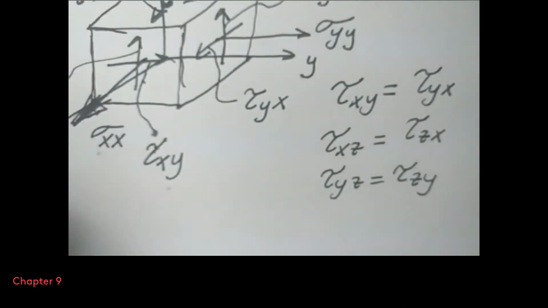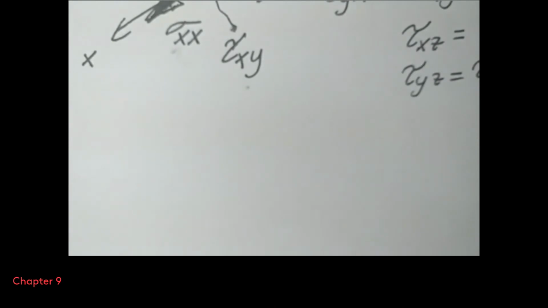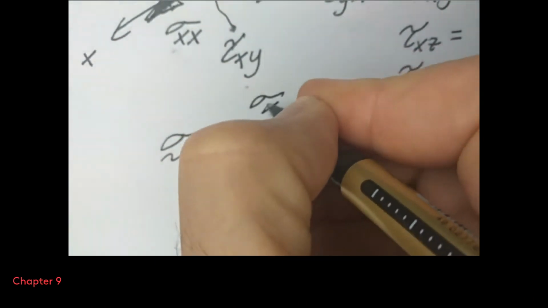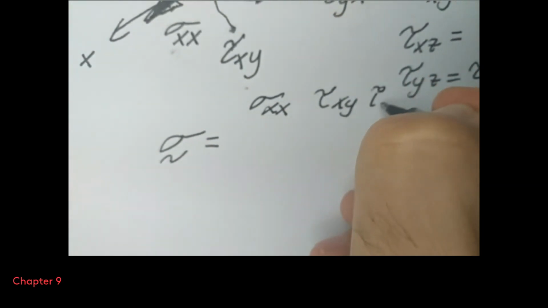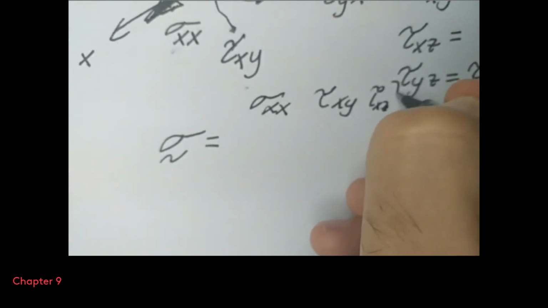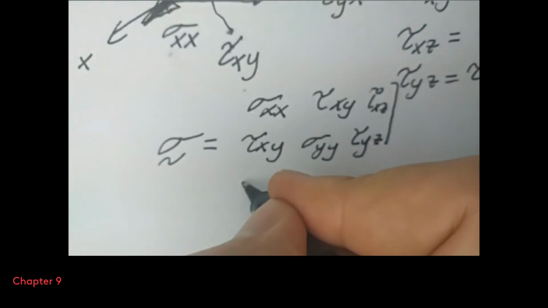Therefore, we can write the stress in matrix form. Sigma xx, tau xy, and tau xz; tau xy, sigma yy, and tau yz; and the last row is tau xz, tau yz, and sigma zz.